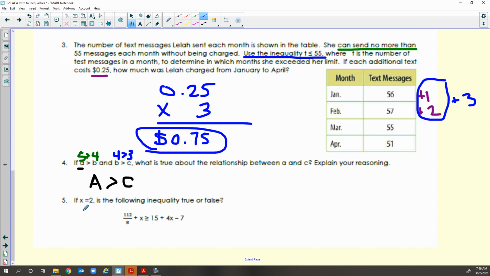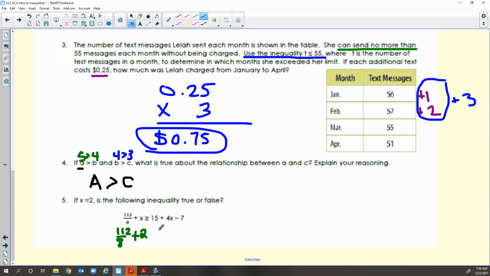Okay. Number 5, if x equals 2, is the following inequality true or false? Okay, so all we have to do on this one, guys, is we plug and chug. Okay, we've got 112 over 8 plus x, so we're going to put plus 2 here. And this 112 over 8 will come with us.